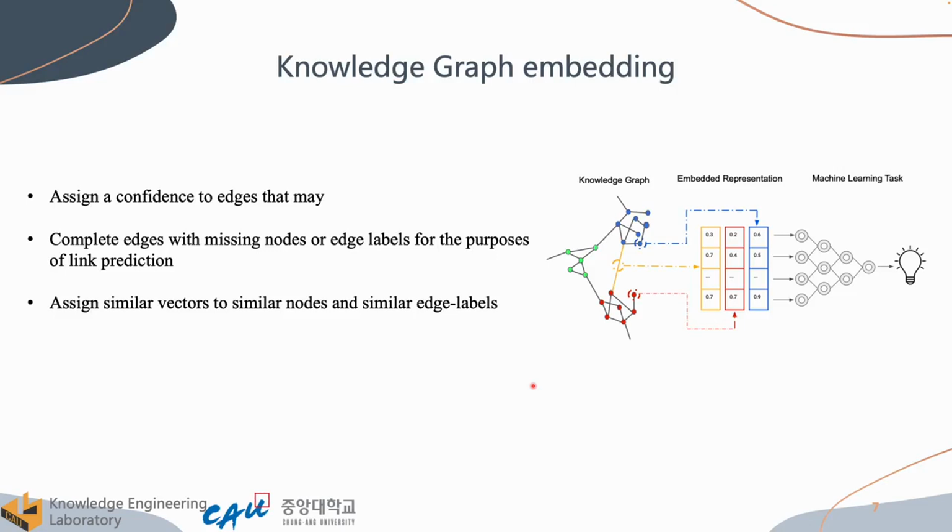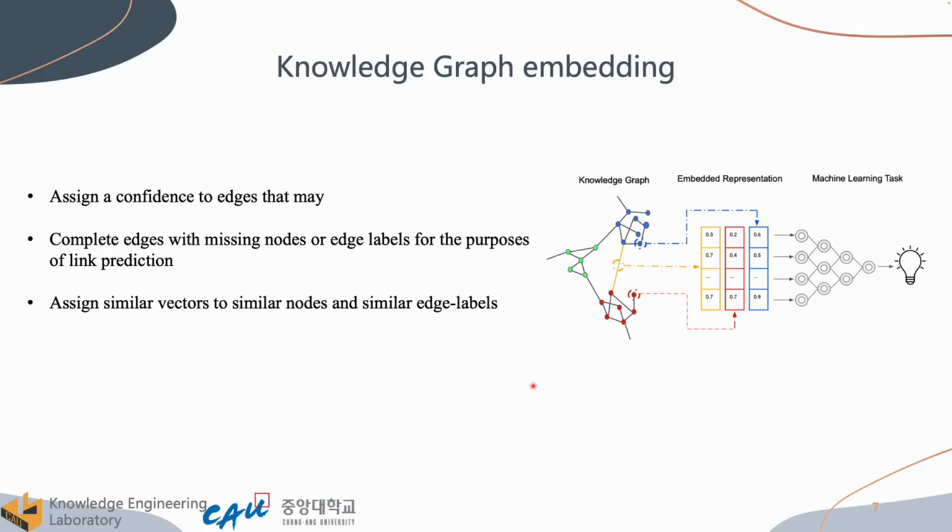And secondly, the plausibility scoring function can be used to complete edges with missing nodes or edge labels for the purpose of link prediction.